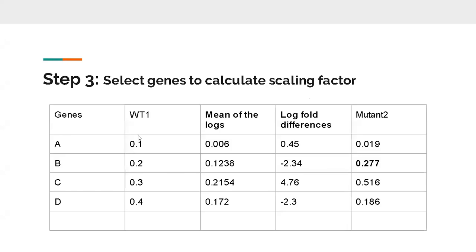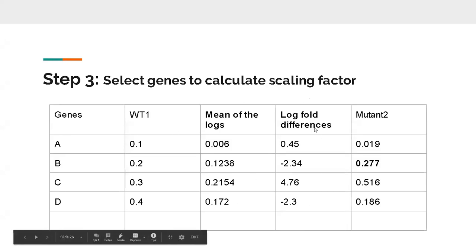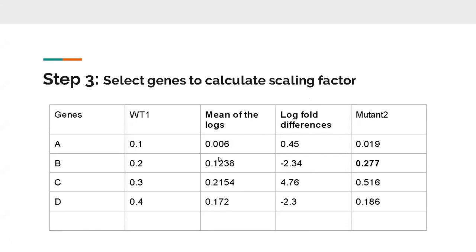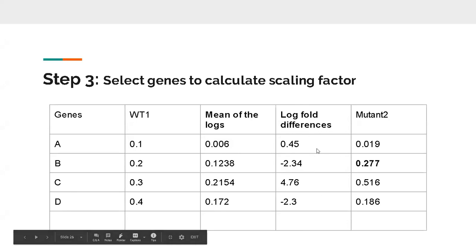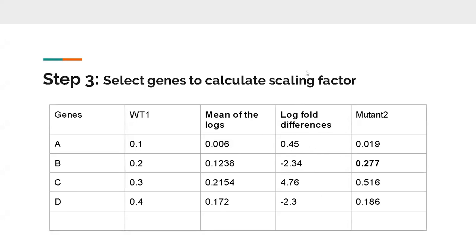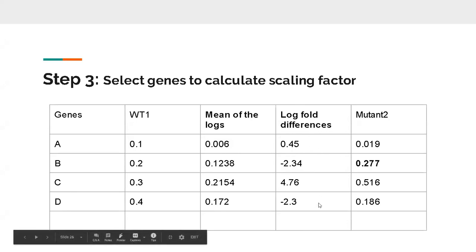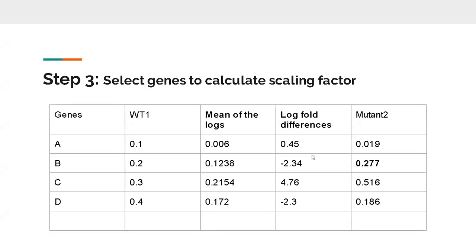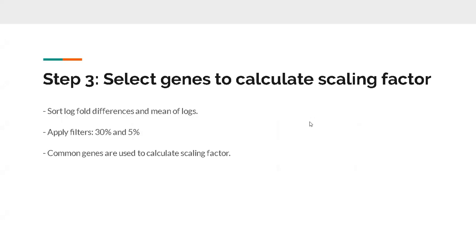So what Agile does is, it will sort this column and it will sort this column, and after sorting, whatever top 30% and bottom 30% genes you are getting, it will trim those genes. So it will remove those genes, and the cutoff it uses is 30%.